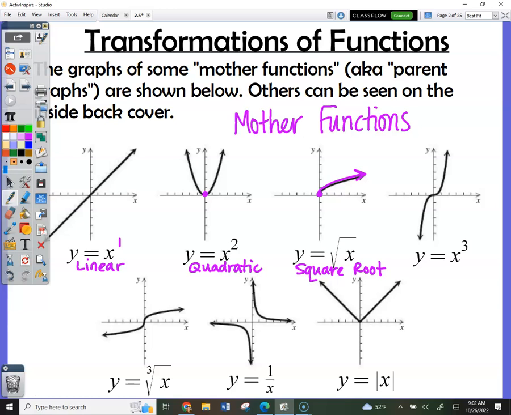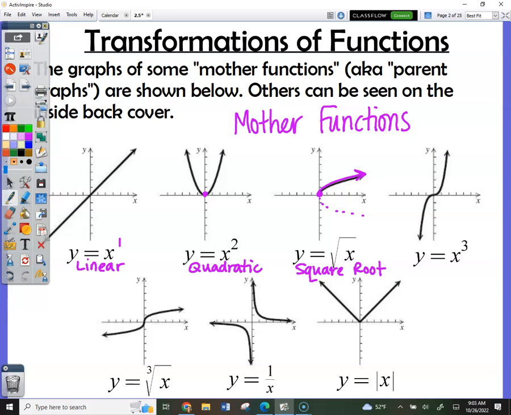Opposites, right? If you're solving something that's squared, you square root it. If you're solving something that's square rooted, you would square it to cancel it out. This mother function for a quadratic, when it's reflected over the line of symmetry, it ends up right here. Don't draw this. It ends up right here, but does that pass the vertical line test? No. So the square root function has a restriction on it.